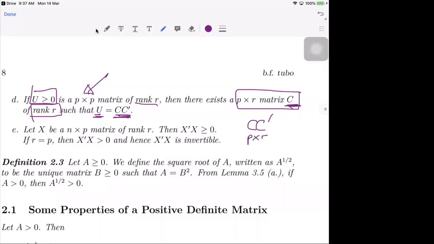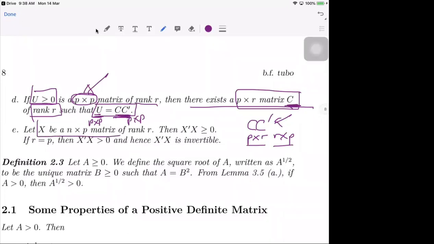C is P by R, and C prime is R by P, so this is conformable. What you will get is a P by P because your U is P by P. So to make that P by P, it is C prime. So for any non-negative definite matrix, there always exists a matrix C such that U can be written as C C prime.